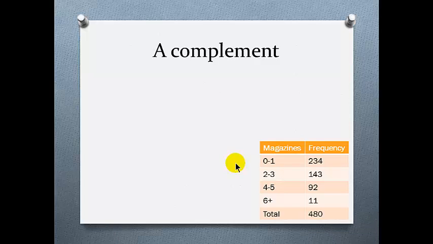But I'm going to tweak this example a bit, and we're going to look at a complement. No, I'm not telling you you look real nice today, although I'm sure you do. However, a complement in probability means the probability it did not occur. And the way we can calculate the complement of a probability is we take 1 minus the probability of the opposite event.